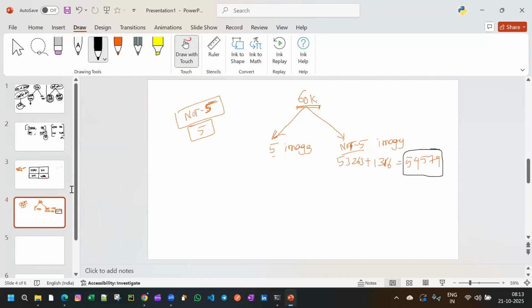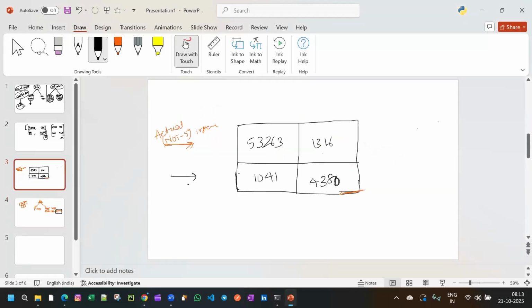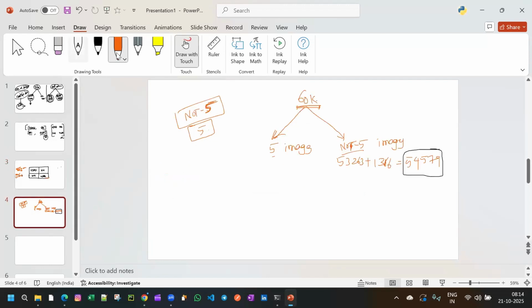It could be anything. And the next row represents the actual 5 instances, meaning positive instances. How many? Its value should be 1041 plus 4380.